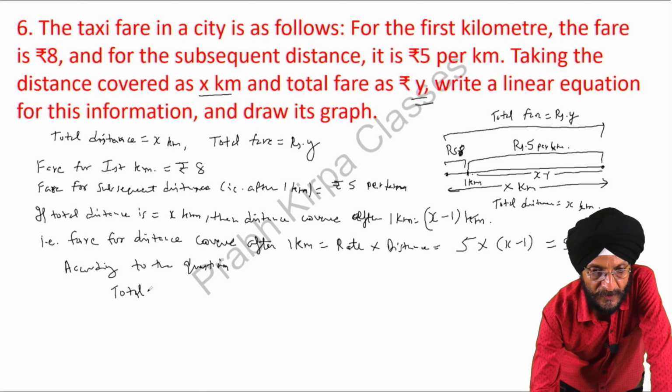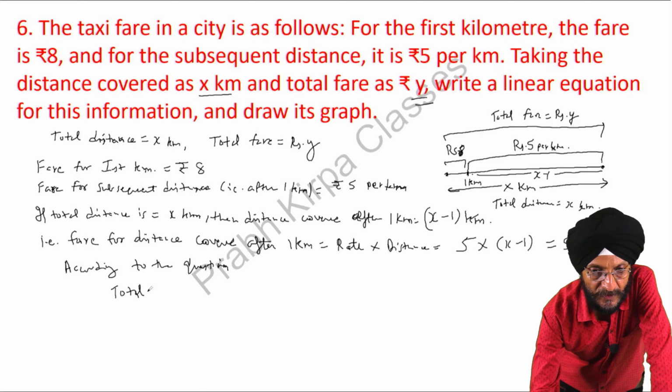It is given y. What is the fare for first kilometer? It is only 8. And what is the fare for distance after 1 kilometer? Here it is given, which we have arrived at, 5x minus 5. So on the basis of this, we can say that y is equal to 8 minus 5, 3, 5x plus 3. Here we have arrived at the equation.